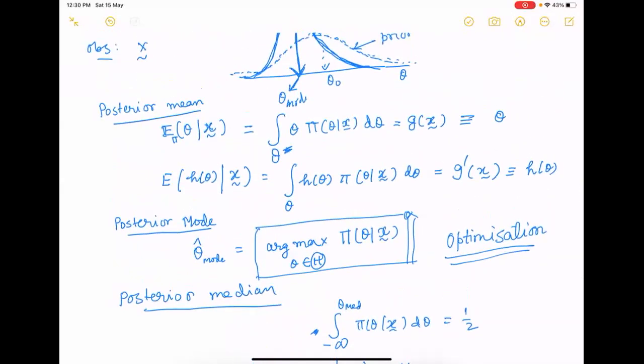But if you want to do a full-blown Bayesian estimation method, a Bayesian inference method, you have to learn the Markov chain Monte Carlo method as well.